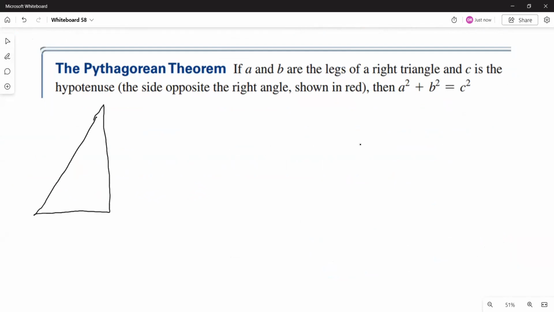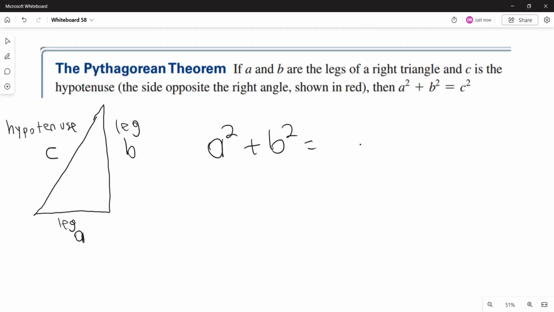So if A and B are the legs of a right triangle, and the hypotenuse is C. The hypotenuse is the longest side. Then the sum of the squares of the legs equals the square of the hypotenuse. So we're doing example 4.